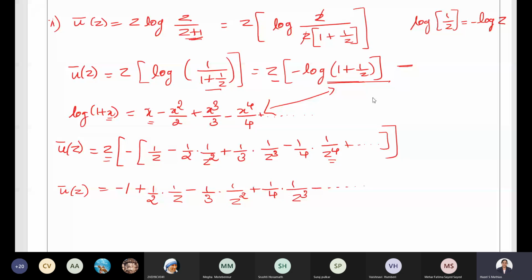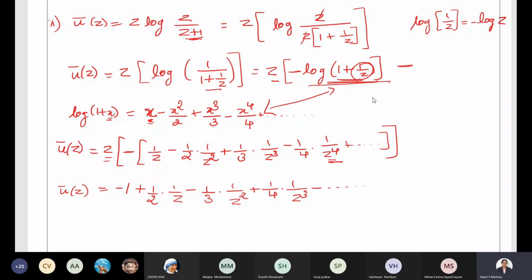Now here you need to apply that for log 1 plus 1 by z. Compare log 1 plus x with log 1 plus 1 by z. In place of x we have 1 by z. Here you have z as well as the negative sign. So z is over here, negative sign is over here. Apply the formula for log 1 plus 1 by z. Replace x by 1 by z. So what happens when you put x as 1 by z? 1 by z minus 1 by 2 into 1 by z square, plus 1 by 3 into 1 by z cube, minus 1 by 4 into 1 by z power 4, plus etc.